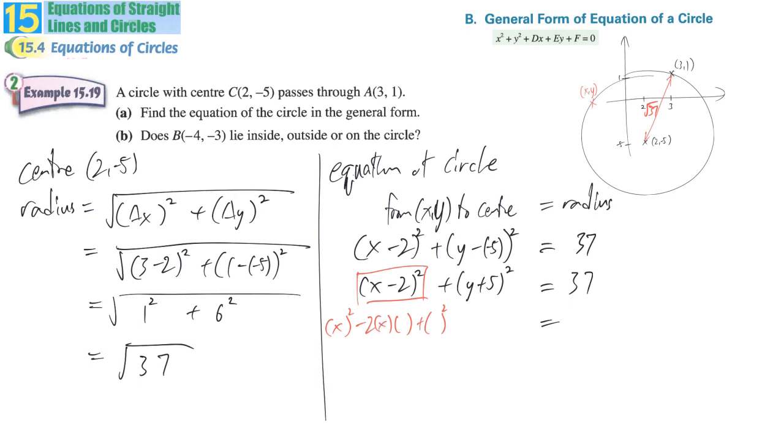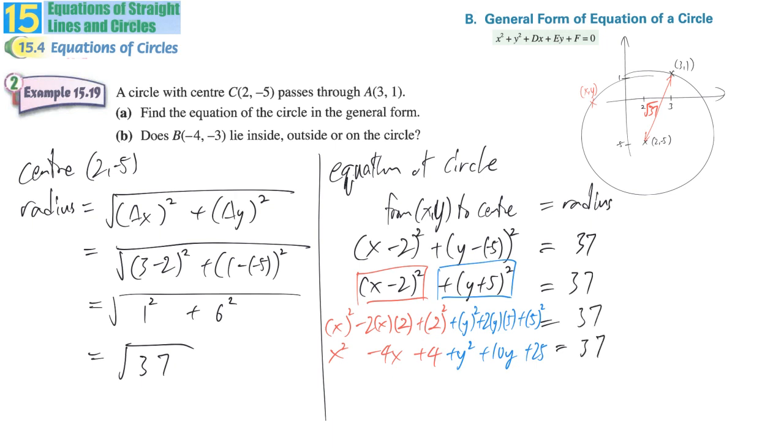The first item is x while the second item is 2. Therefore we have x squared minus 4x plus 4. Similar reason for the other part: the first thing is y, the second thing is 5. So we have y squared plus 10y plus 25.